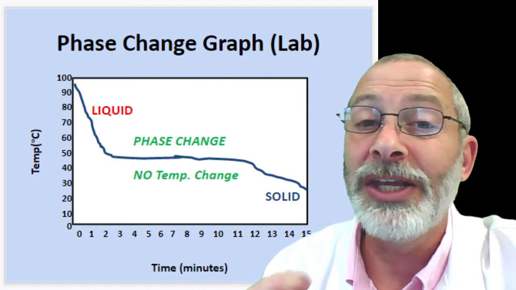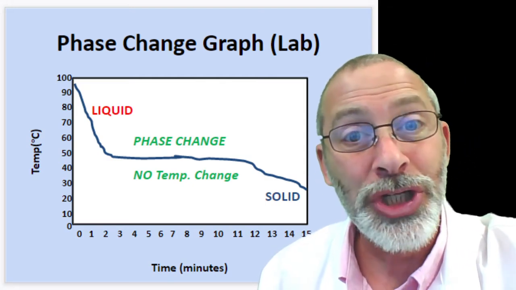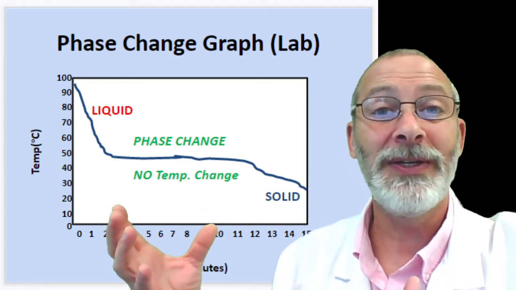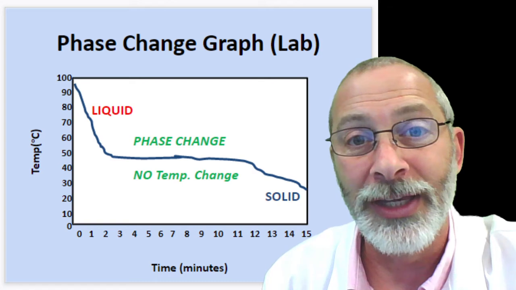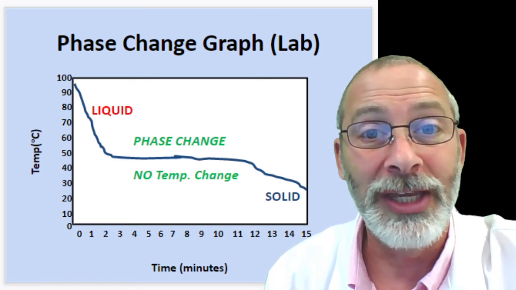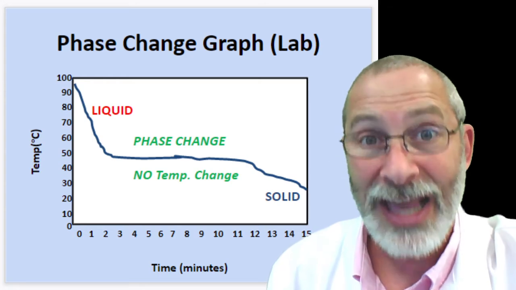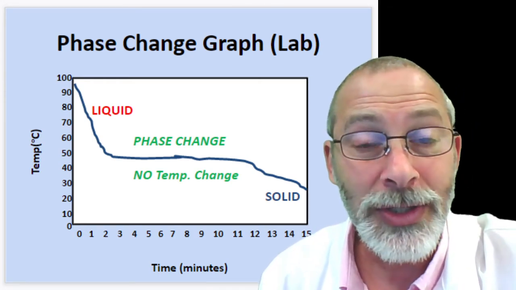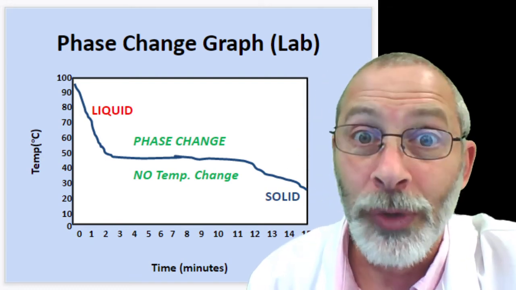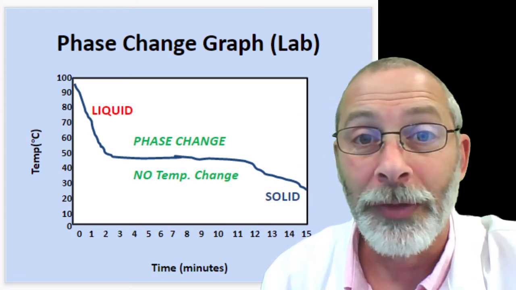It's called the heat of fusion. It takes heat energy being released in order to change phase from one phase to another. That's called the heat of fusion. In the case of water, it's 80 calories per gram that has to be released or absorbed in order to change from water to ice, or the other way around.